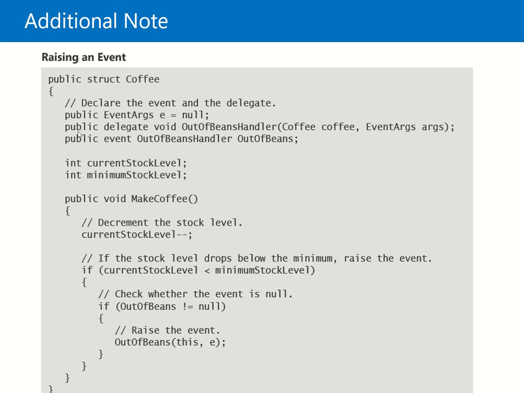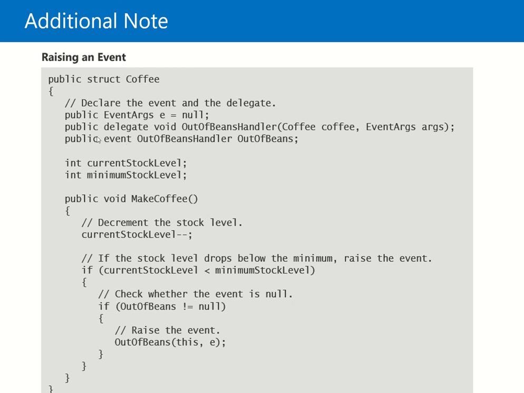And then this is how you declare a handler. Public delegate, with whatever name for the event handler, and the structure itself and the event argument. And then you can create an event.